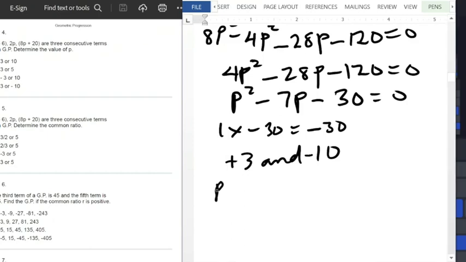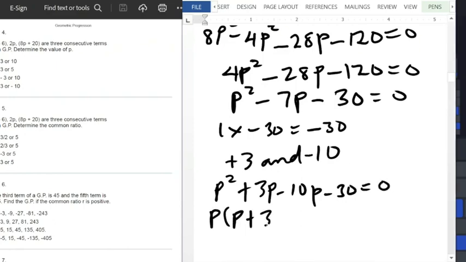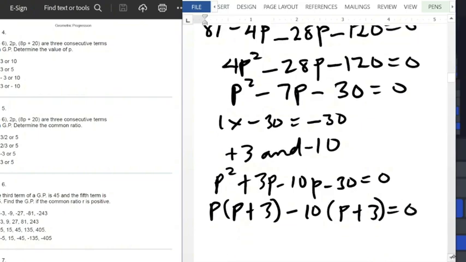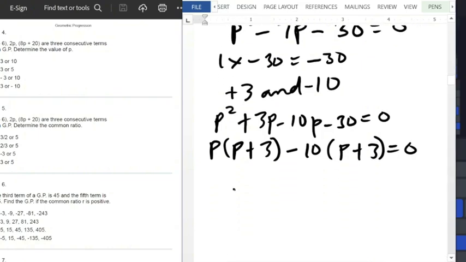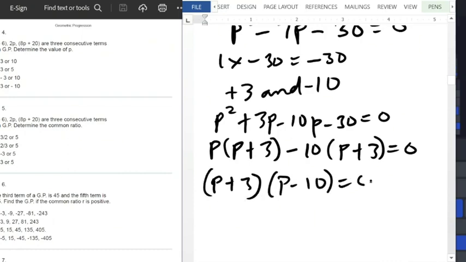So we now have P squared plus 3P minus 10P minus 30 equals 0. So P is common, we have P into P plus 3, then minus common factor 10 into P plus 3 equals 0. So we have P plus 3 and P minus 10 equals 0.